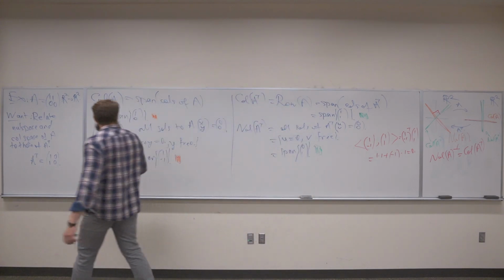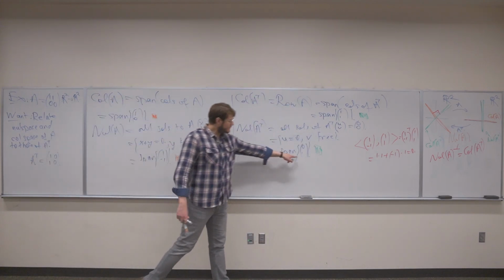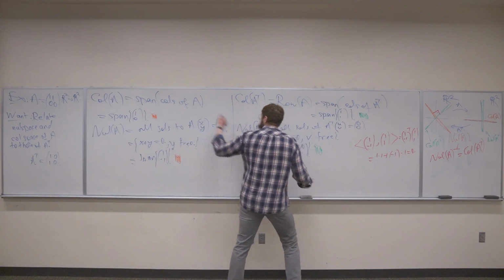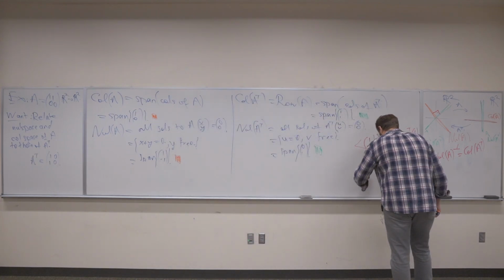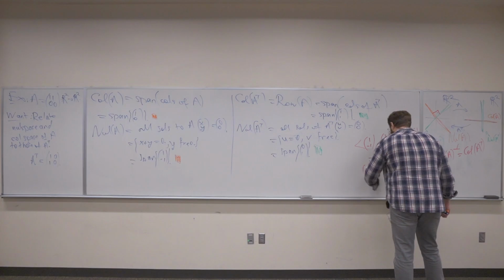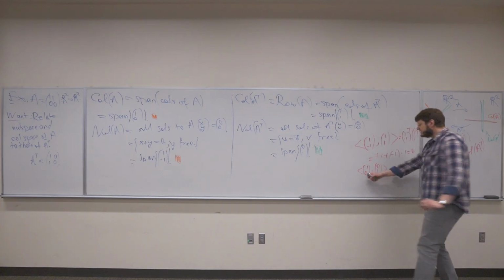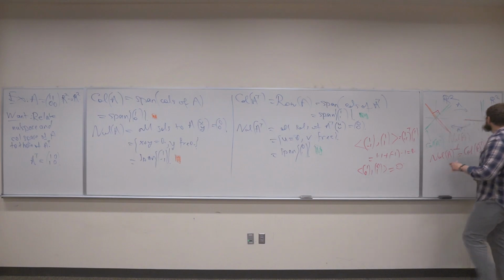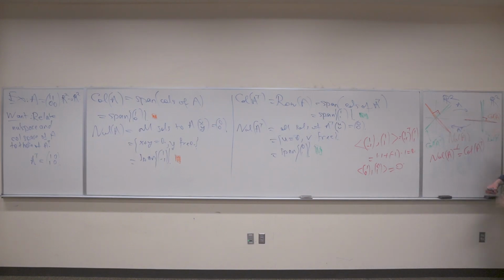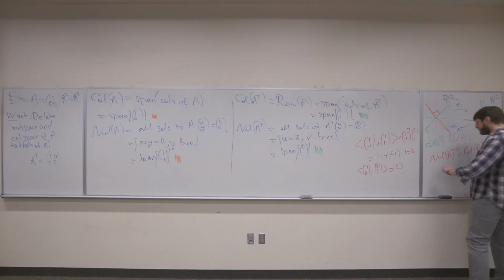If I dot this against this, I'm going to get 0, which means that (1, 0) is perpendicular to (0, 1). Standard basis vectors are perpendicular always. Okay, so I can put here perp. And what do I say? Column space of A perp is null space of A transpose.